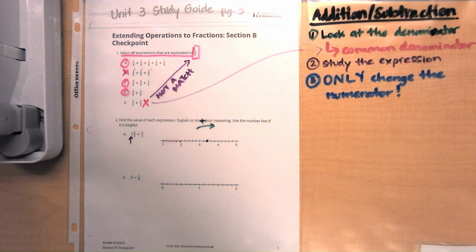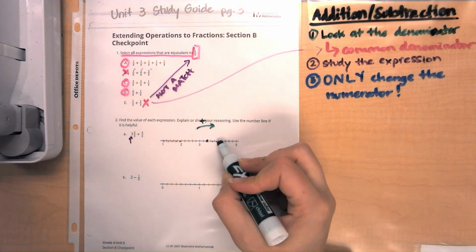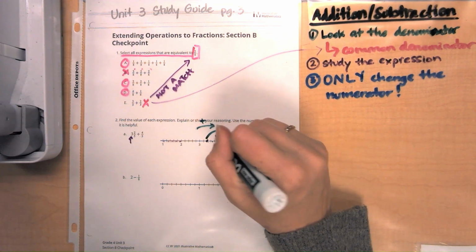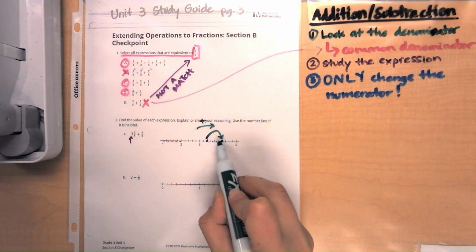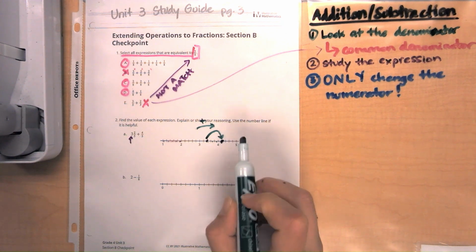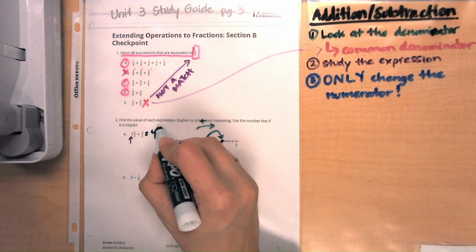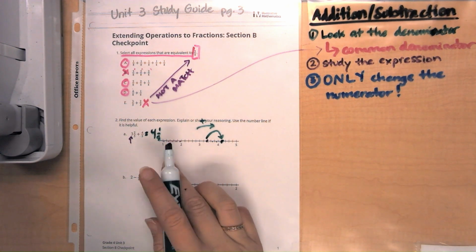They want us to jump 4/5. So we're going to go 1, 2, 3, 4. Here is our ending. And so we do our jump like that. That's 4/5, 1/5, 2/5, 3/5, 4/5. Where do we land? We land right here at 4 and 1/5. That is where we land on the number line.